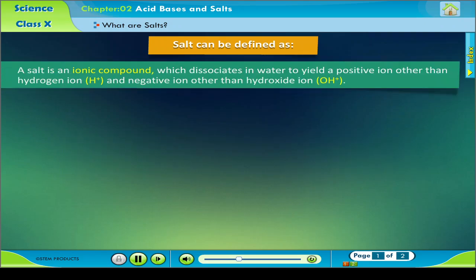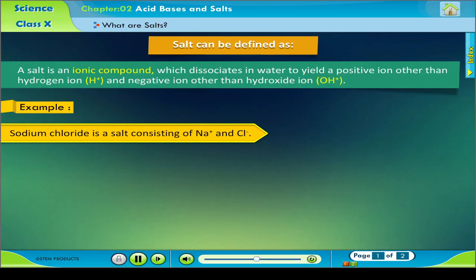A salt is an ionic compound which dissociates in water to yield a positive ion other than hydrogen ion, H positive, and negative ion other than hydroxide ion, OH negative. Example: sodium chloride is a salt consisting of Na positive and Cl negative.